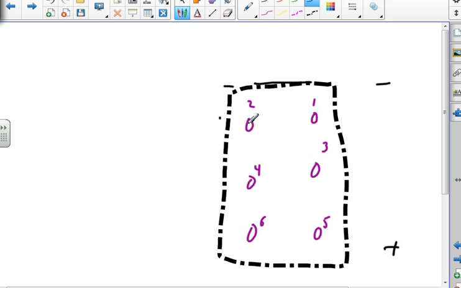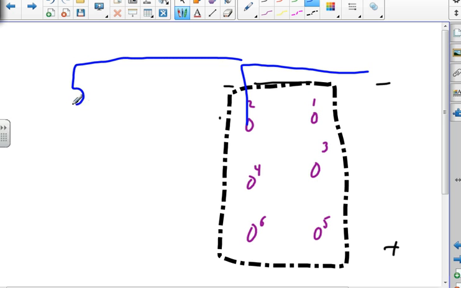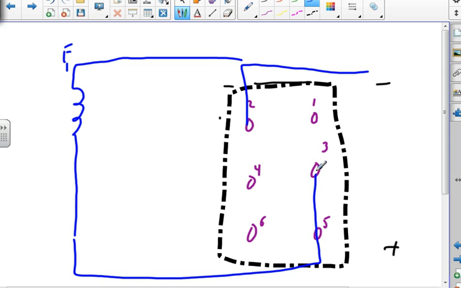And I see that 2 is hooked up here to negative and comes over to my field winding, F1, and that is connected to 5 and 3, so it's going to come over here to 5 and 3, F2, field 2.